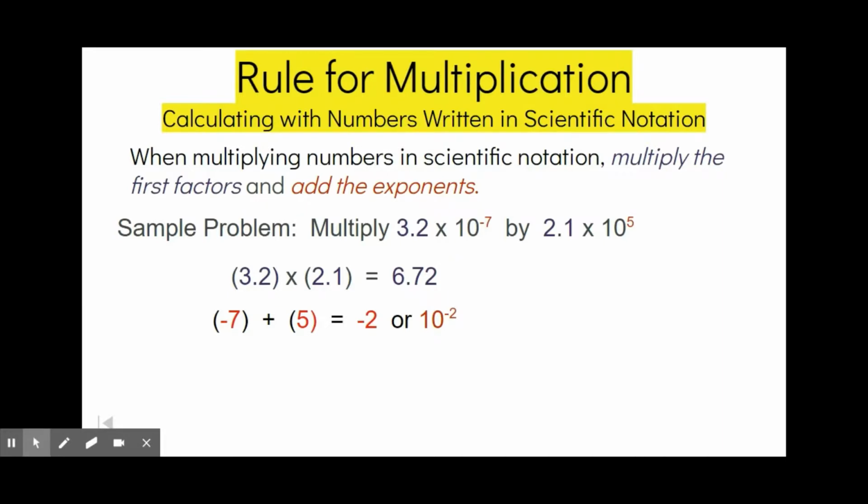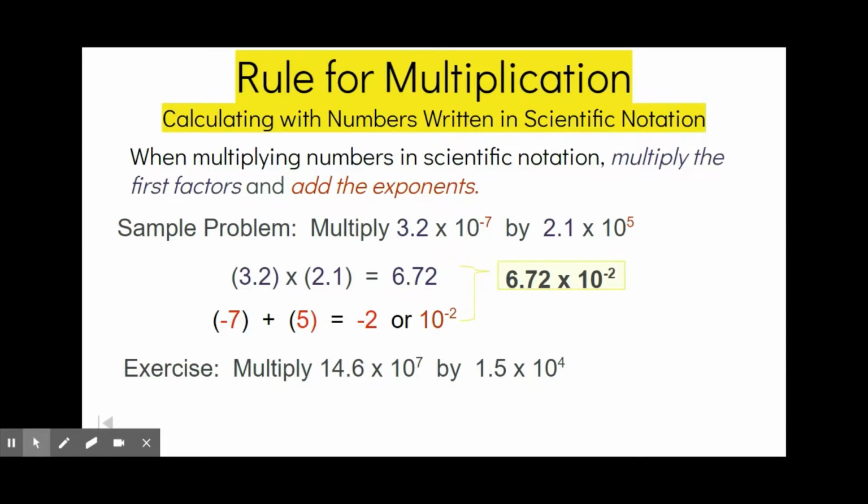We'll take that negative 2 and use it in the exponent's place, and that will give us 10 to the negative 2. So our final answer will be 6.72 times 10 to the negative 2, because we've multiplied our first factors, again, the standard numbers, and we've added our exponents.